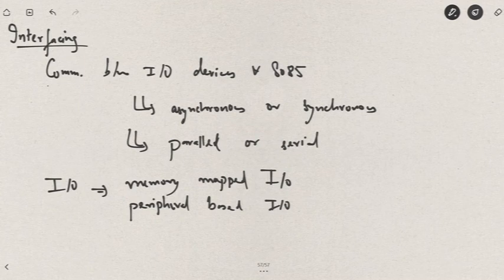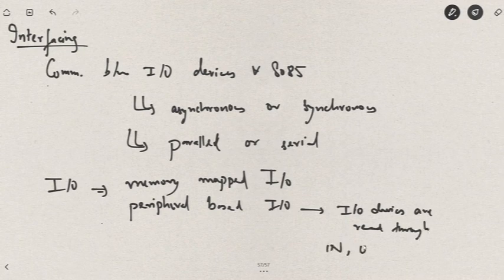Now, what do the memory mapped I/O and the I/O mapped or peripheral mapped I/O mean? What happens in the case of I/O mapped I/O? The I/O devices are read through instructions like IN and OUT.